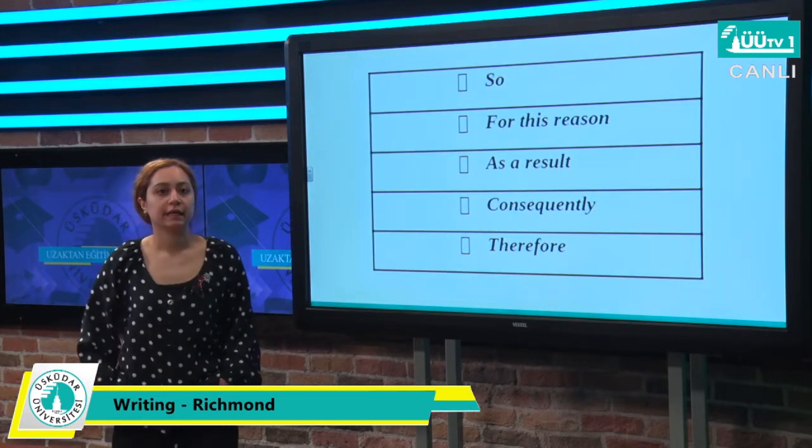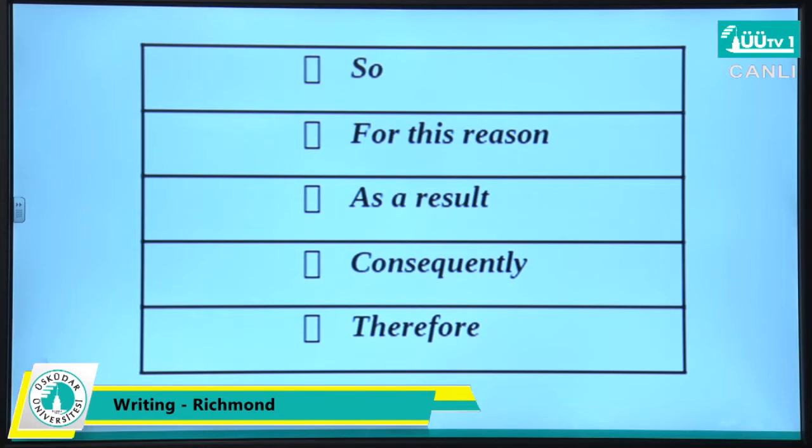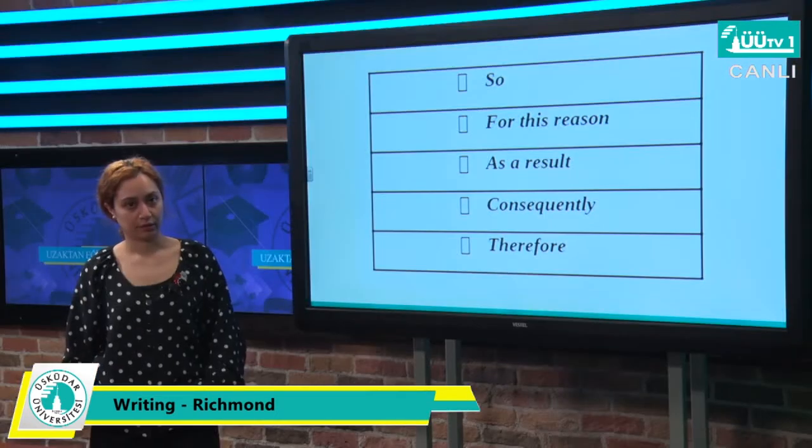So in writing the supporting sentences, we can use conjunctions like so, or for this reason, as a result, consequently, therefore. These conjunctions will help us to explain ourselves more clearly.